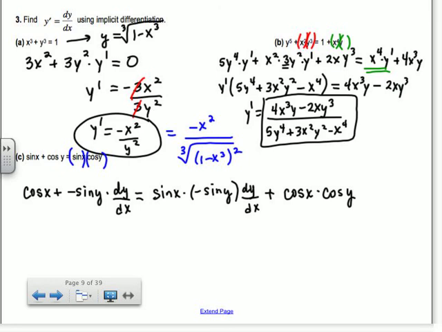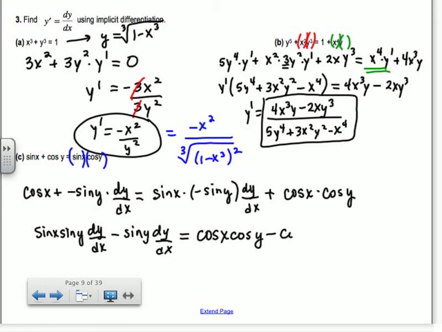Okay, so I'm going to get all the dy over dx's on the left side, so I'm going to add sine of x, sine of y over. And then I'm going to subtract the cosine of x over. So I'm going to have cosine of x, cosine of y, minus cosine of x.